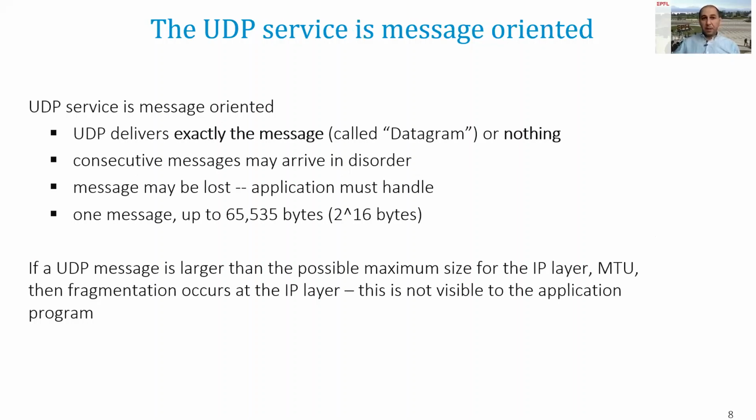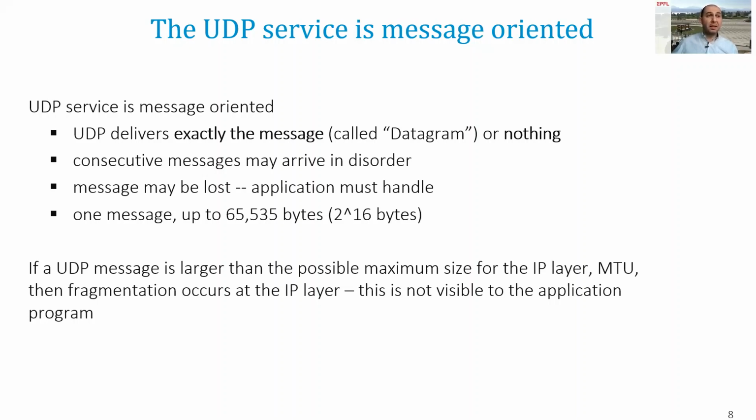Now, as mentioned last week, the UDP service is message oriented. So what happens when the application has some data to send using UDP? It delivers the data to UDP. UDP puts this data within a UDP datagram, and it does not change anything.